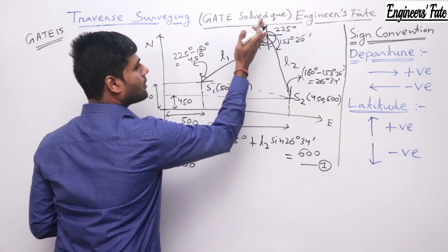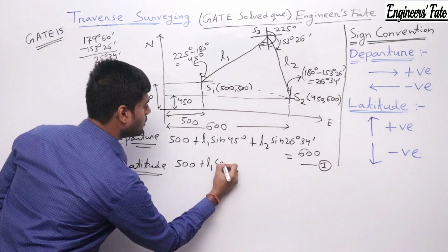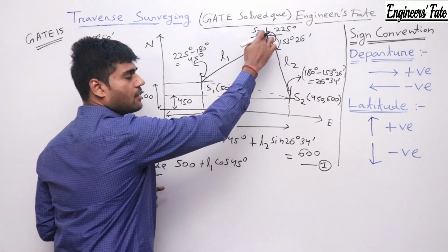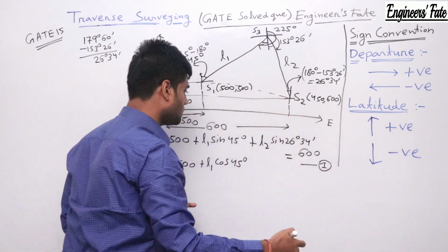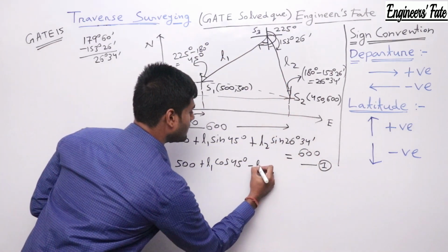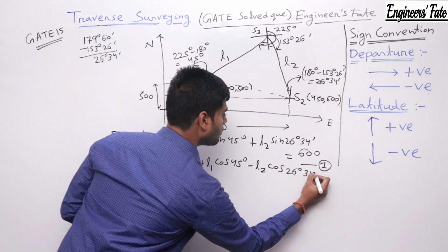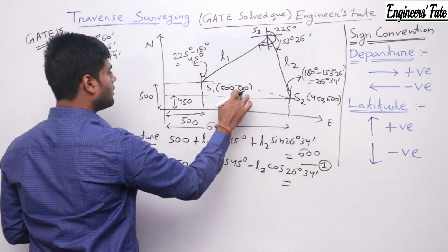I am again traveling up, means again plus L1 cos 45 degree. Now I am here, but from S3 to S2 I am coming down, so minus L2 cos 26 degree 34 minute equal to the value of S2, which is 450.